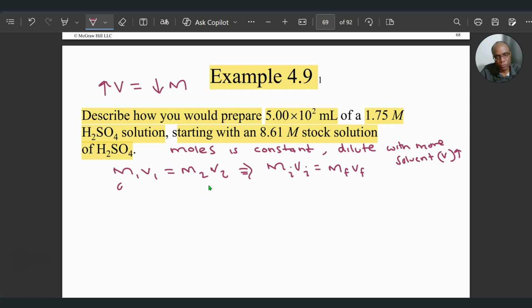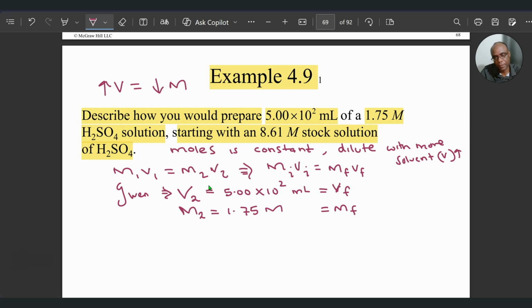So what are we given? It says describe how you'd prepare, so I'm given V2 to be equal to 5.00 times 10 to the power 2 ml. That's where I'm going, over 1.75 molar. So M2, you can call this Vf and this Mf, M2, what we need to prepare is 1.75 molar.